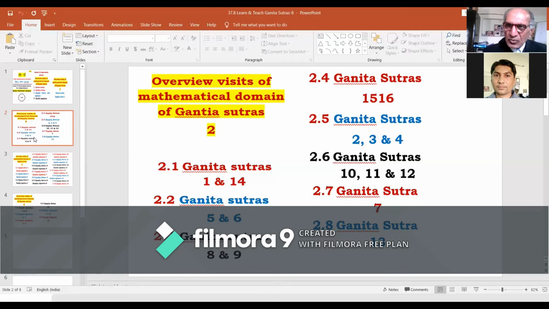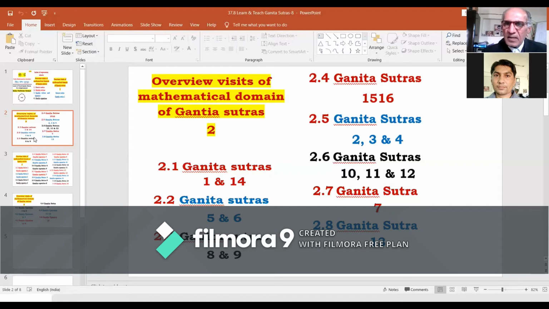Like Ganita Sutra 1, which is availing 16 letters for its composition, Ganita Sutras 8 and 9 as well are availing 16 letters each.